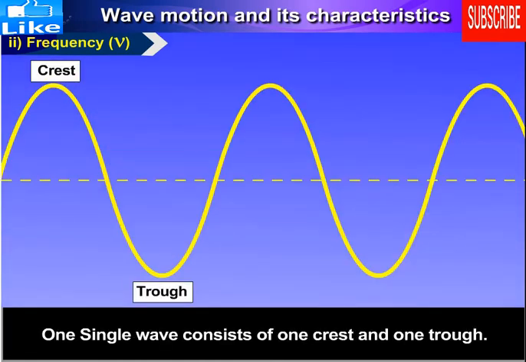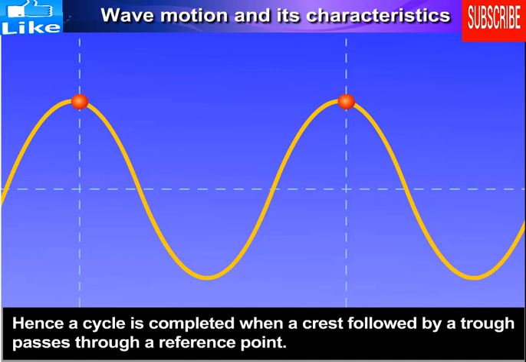One single wave consists of 1 crest and 1 trough. Hence, a cycle is completed when a crest followed by a trough passes through a reference point.